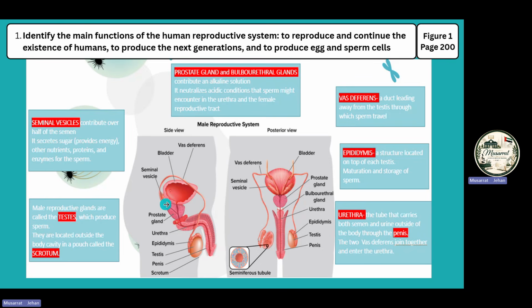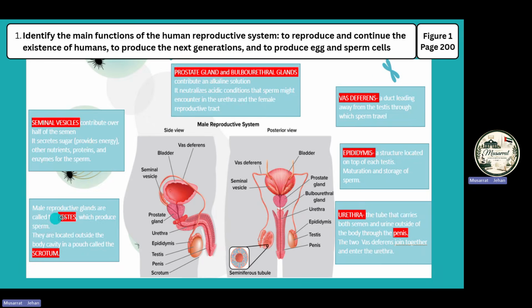These contribute over half of the semen. They secrete sugar, which gives energy, and also other nutrients like proteins and enzymes for the sperm.